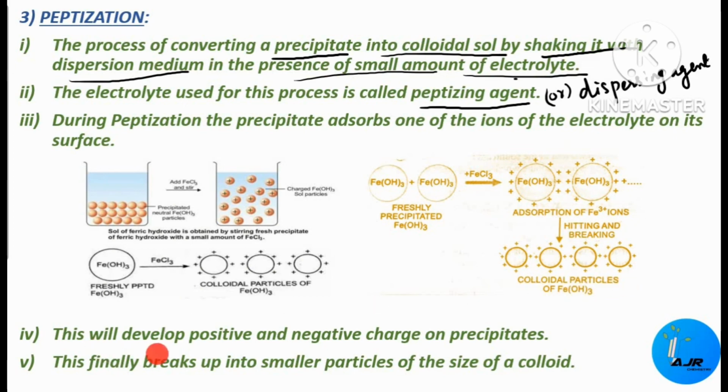This will develop a positive or negative charge on the precipitates. If positive ions are absorbed, we will get a positively charged precipitate. If negatively charged ions are absorbed, we will get a negatively charged precipitate. Finally it breaks up into smaller particles of the size of a colloid. Okay, so actually this is what is happening, right?